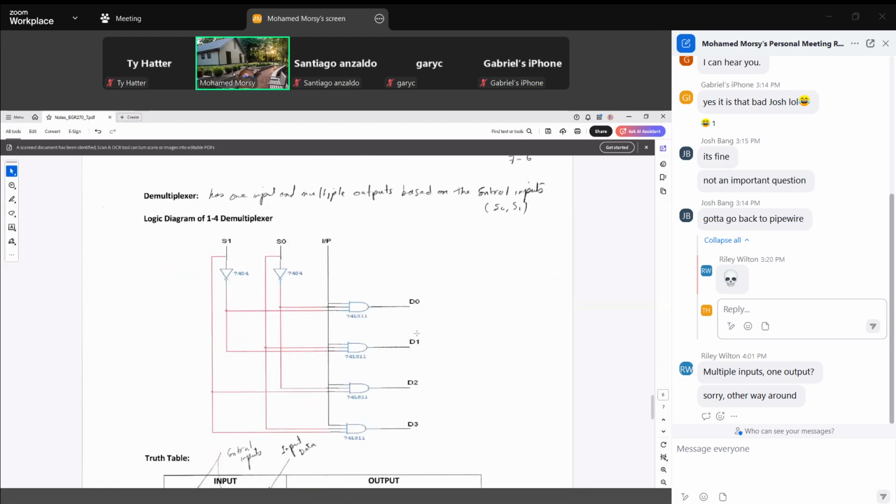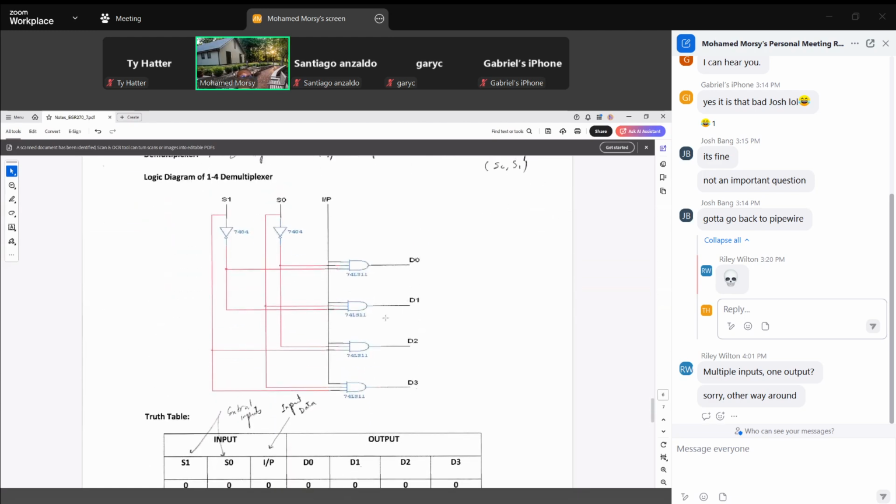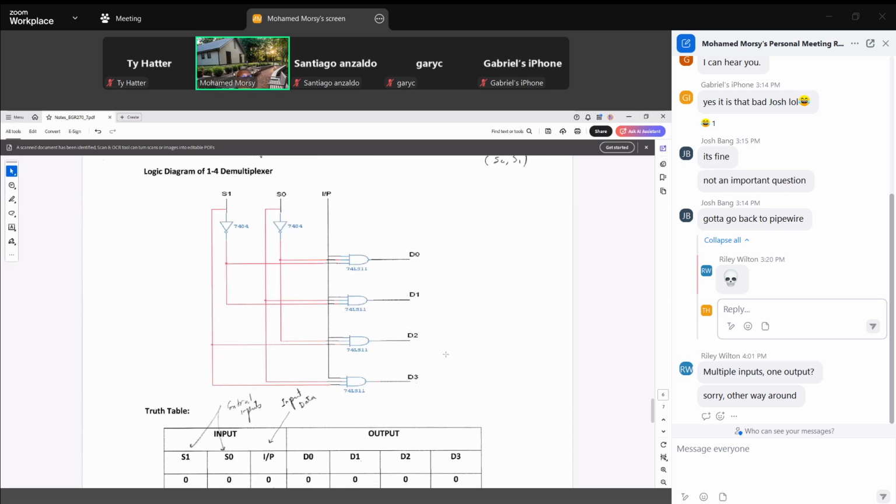But in a demultiplexer, as we see here, we have one input and multiple outputs. So based on S0 and S1, which we have here, this input appears at one of these outputs.